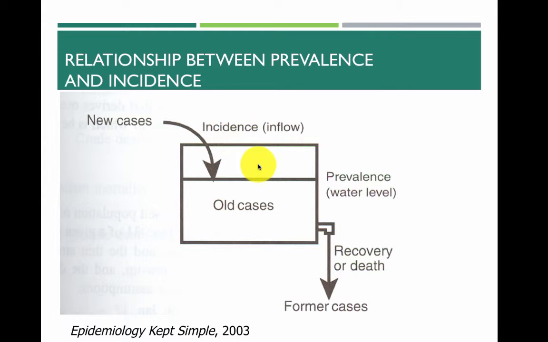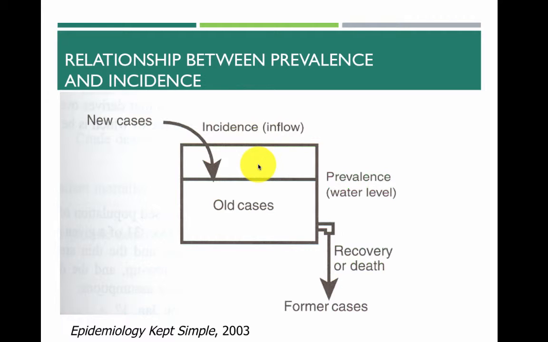So for those of you who are visual learners like I am, here's a simple little illustration that I like to use to help me think about the difference between prevalence and incidence. So if we think about a sink with a faucet of water, when we turn on the water in the sink, the water coming in, that's the incidence, sort of the inflow of water. And the prevalence then is the water level in the sink.